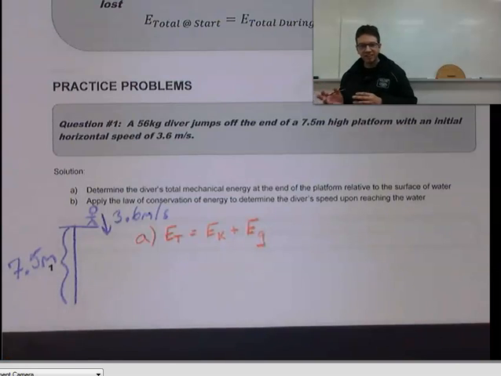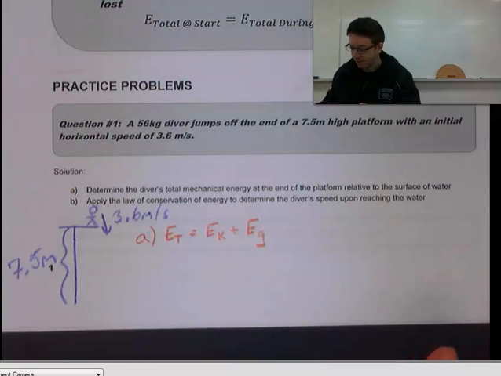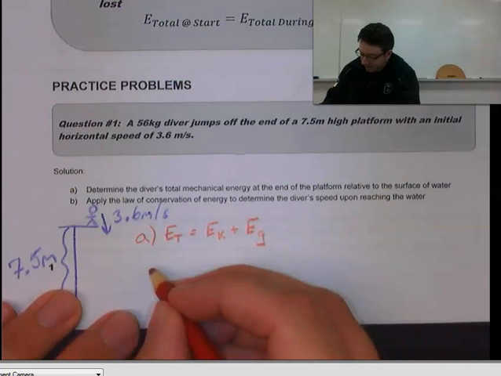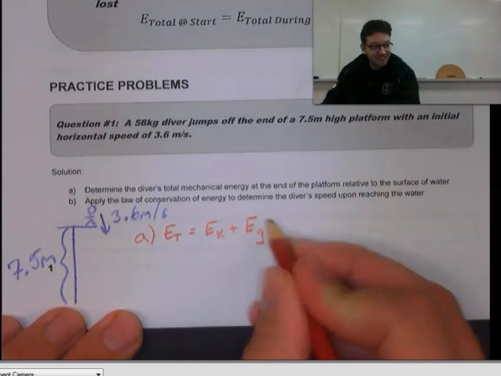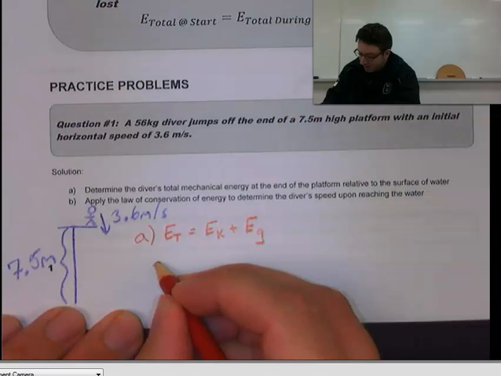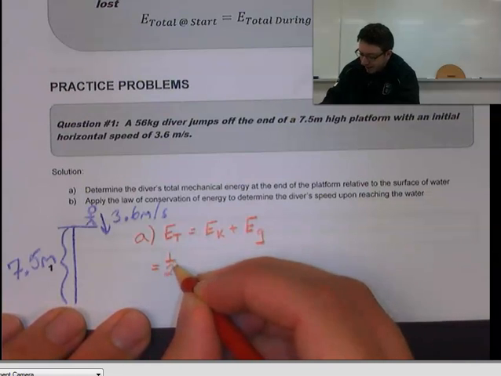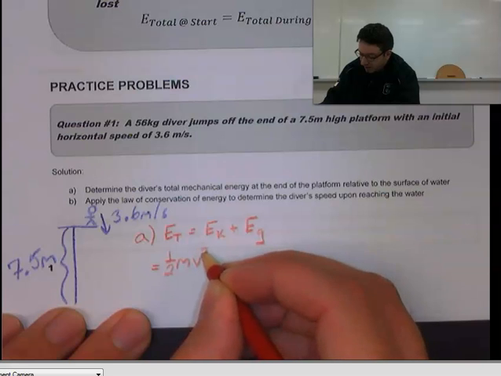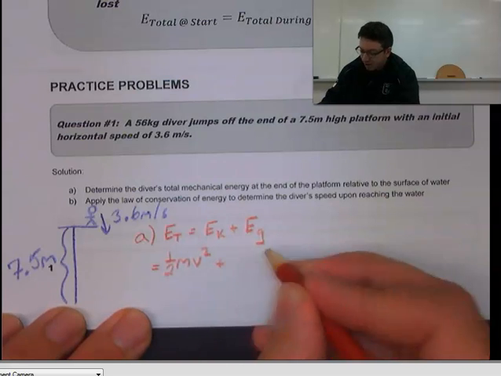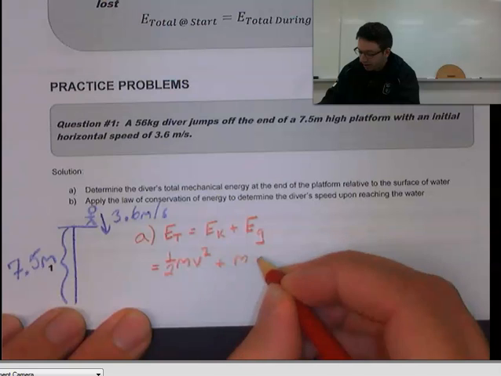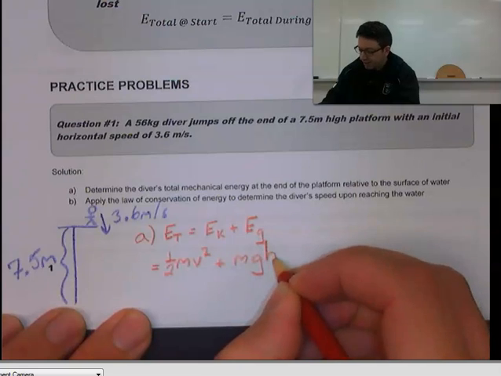Now you can calculate kinetic separately and gravitational separately and add them together, but I like punching a whole bunch of things into my calculator at once, so we're just going to do it together. So this means that our kinetic energy, we'll write our equation, 1/2 mv squared, plus our gravitational, mgh.